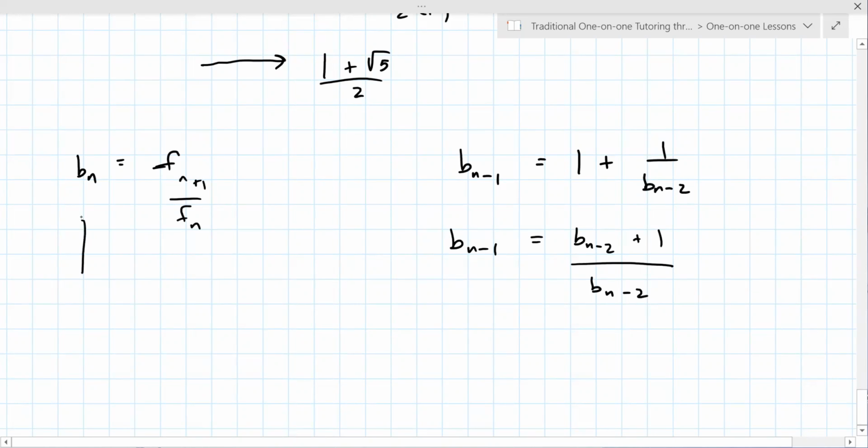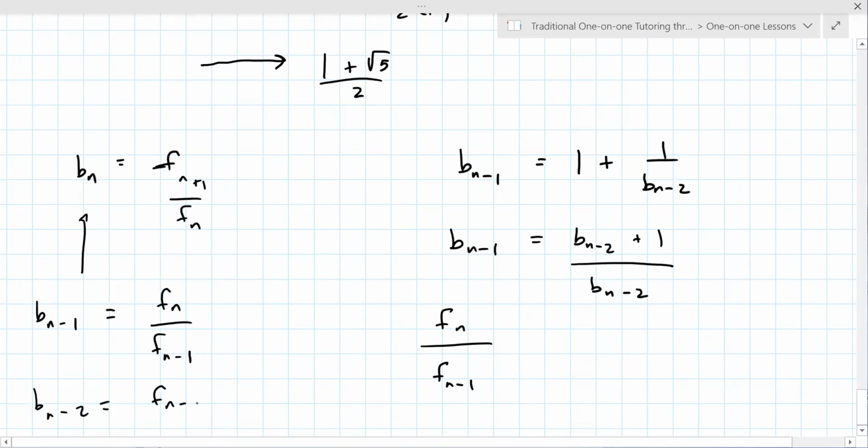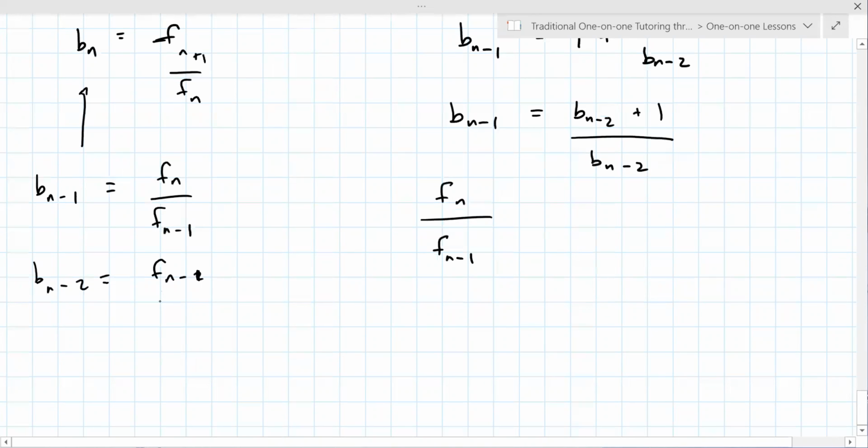So if we change this here to Bn minus 1 equals Fn over Fn minus 1, I think we did that earlier. What we could do with that is make this Fn over Fn minus 1, and then Bn minus 2 would be Fn minus 1 over Fn minus 2.